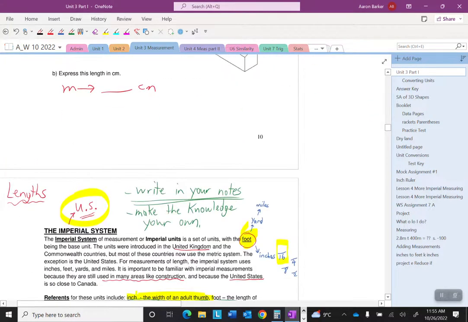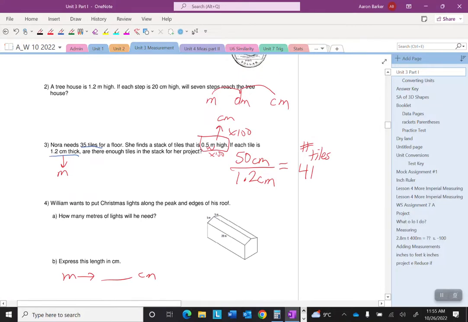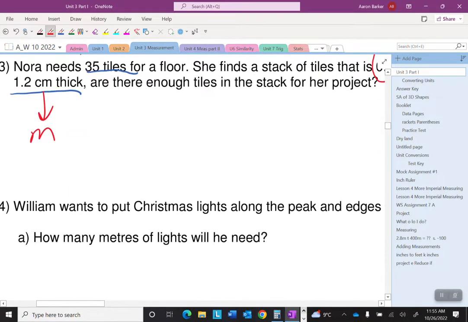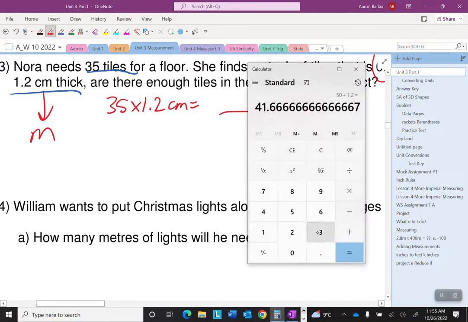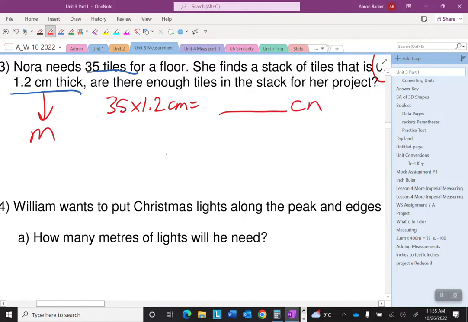What you could also do is you could just take 35 tiles and times it by 1.2. So 35 times 1.2, this is going to tell you how many centimeters high your pile should be. 35 times 1.2, and you get 42 centimeters.